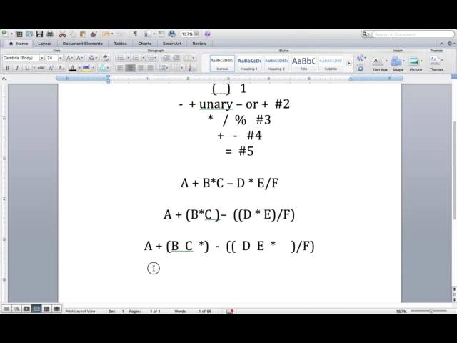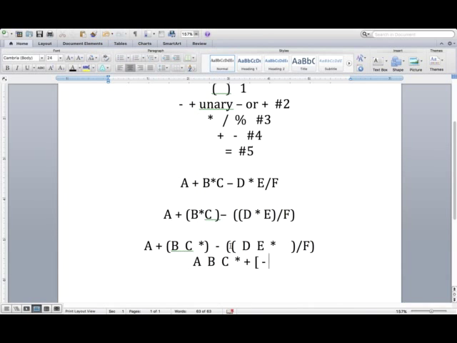So I'll write it A, B, C, and that's multiplication of B and C, and then I put the plus in there. And this other part is still not in postfix form, so I'll put a square bracket here to show you that I'm going to come back to this, and then minus is there.